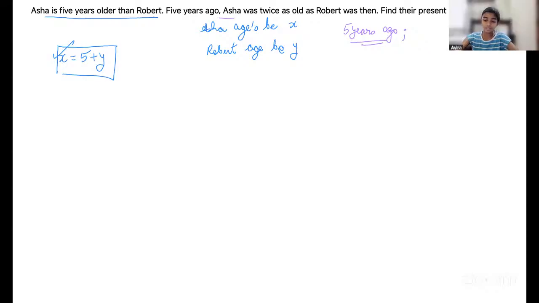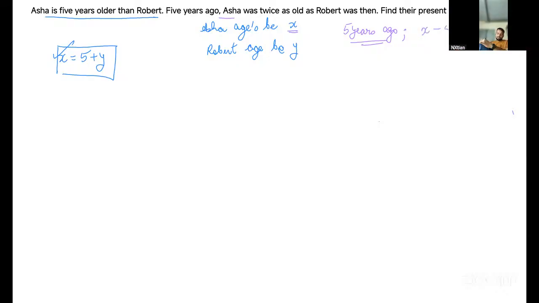Right now, the age of Asha is x. What will be the age 5 years ago? So 5 less than x. Yeah, so it means x minus 5. Did you understand? Yes?